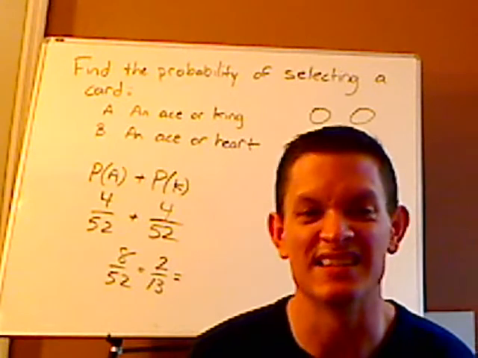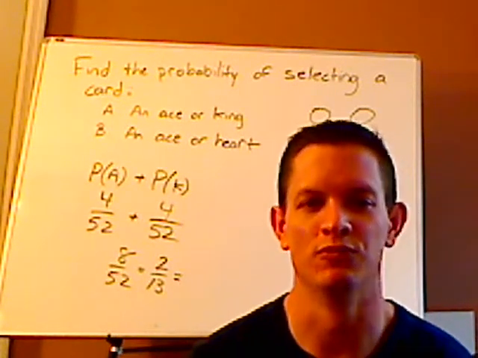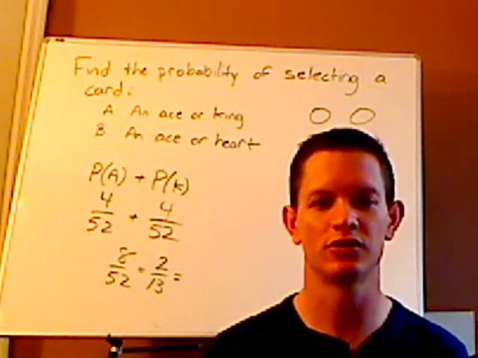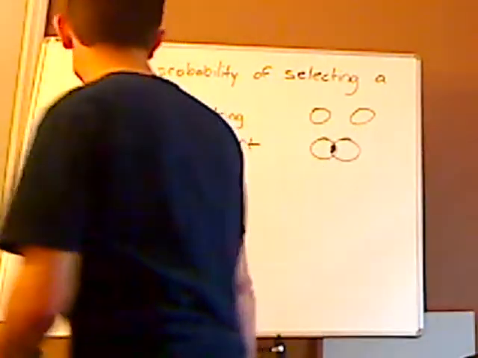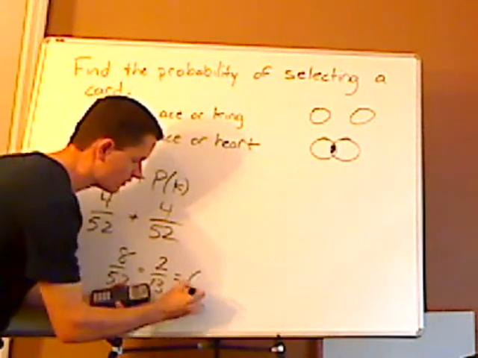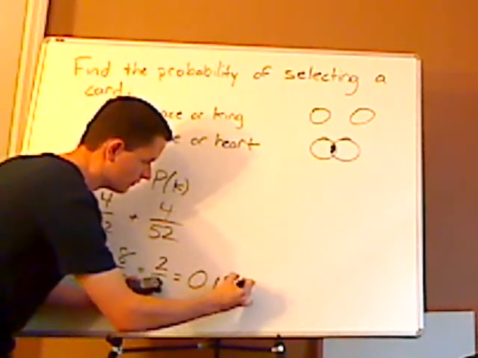When you're doing it as a decimal, usually they want 3 decimal places. They might want 2, but usually it's 3, so check with your teacher or your textbook. Here, let's use 3 decimal places, so that would be 0.154.